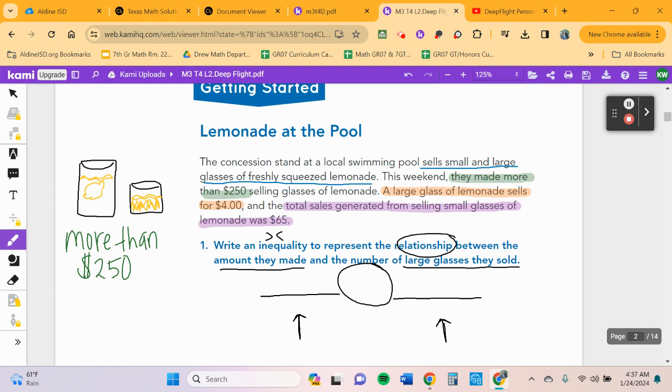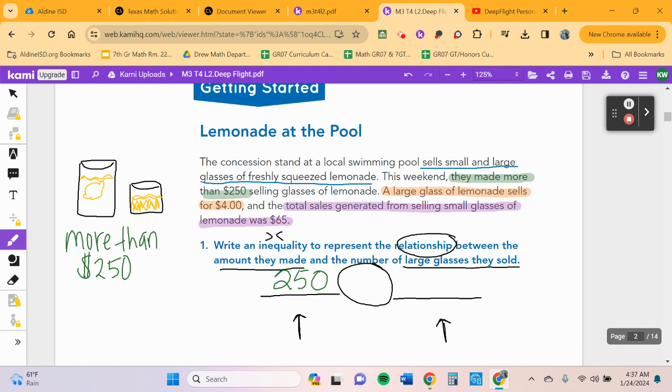Alrighty, time is up. You should have an inequality generated. If you don't, let's go over it together. We're trying to find the relationship between the amount that they made and the number of glasses they sold. We know that the amount they made was more than $250, so I can just throw $250 here in that relationship. They made more than that selling glasses of lemonade.